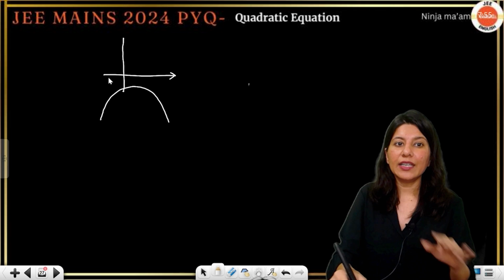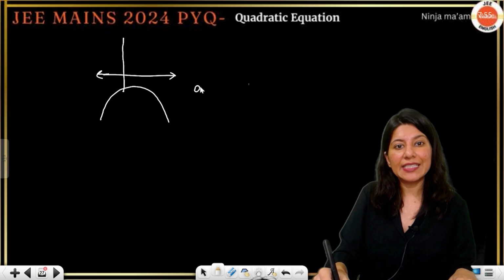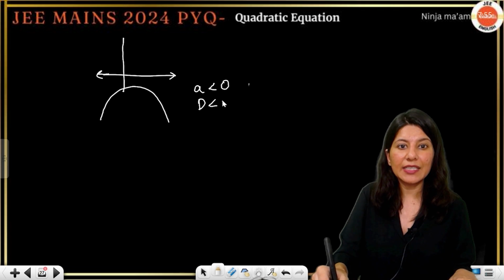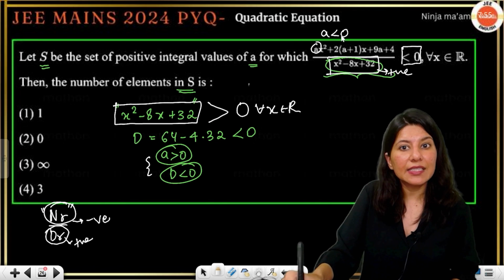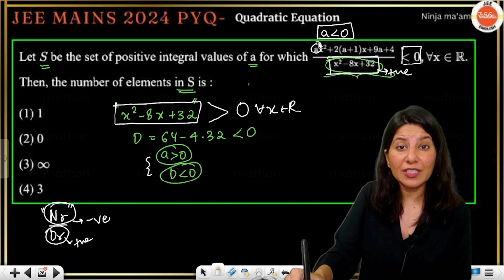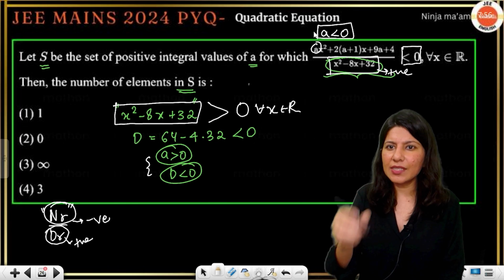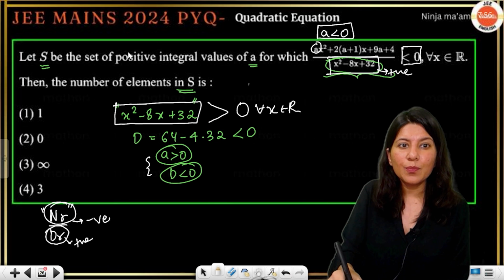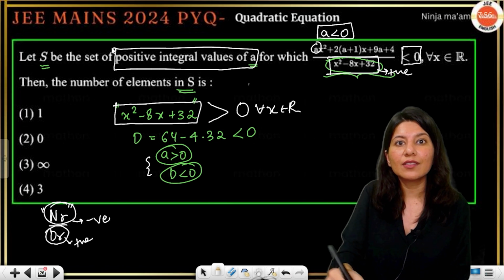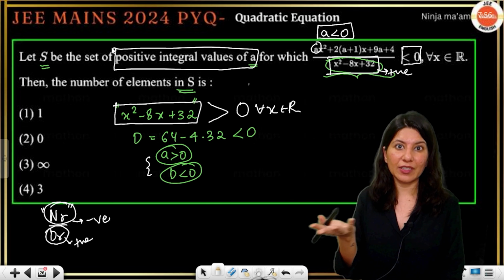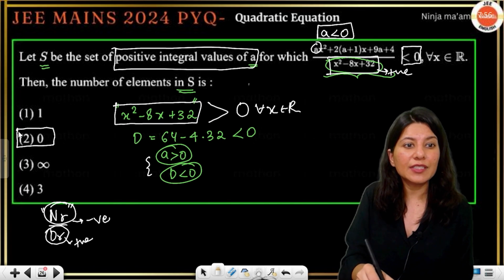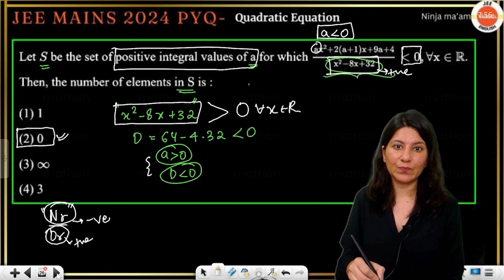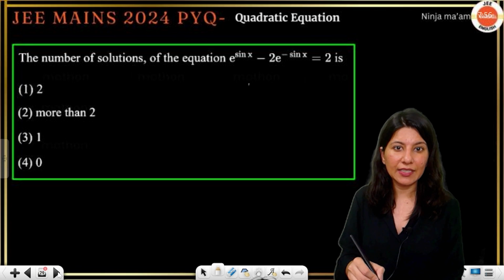Absolutely negative. That means leading coefficient negative and discriminant less than 0. So that means this A is less than 0. Leading coefficient negative. And can you see that they are asking for positive values? So there will be no positive values. It is not going to happen. It is not possible. So 0 positive values will be there. Okay. All right. Clear?